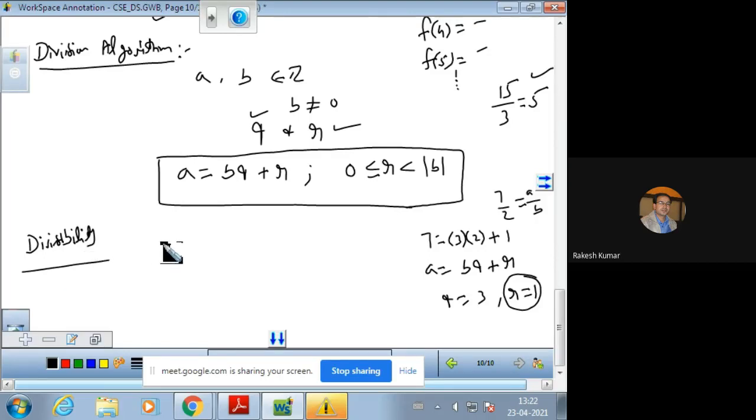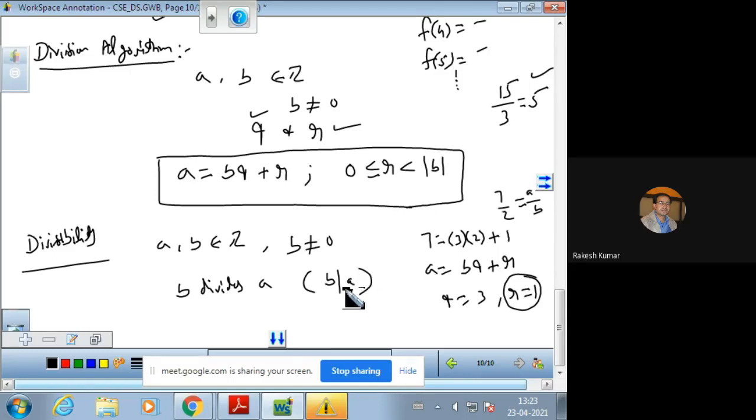Let A and B be again integers, and B is not equal to 0. So we can say that B divides A, can be simply written like this in discrete mathematics.